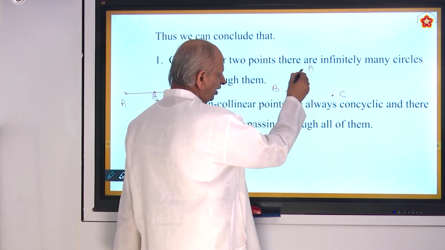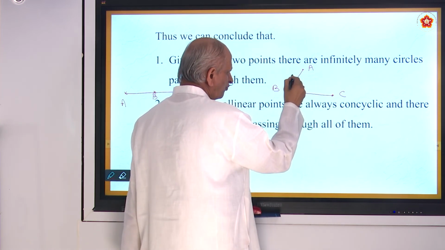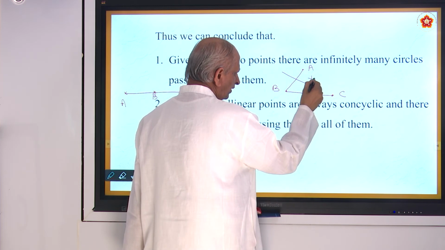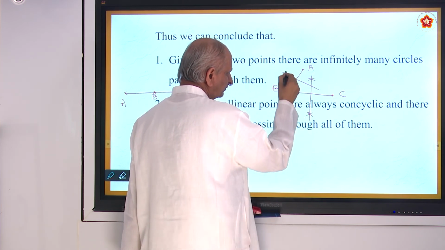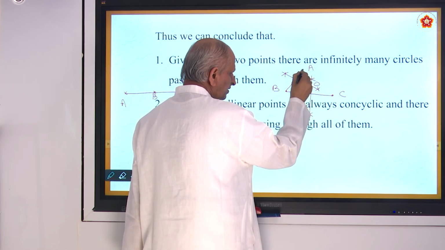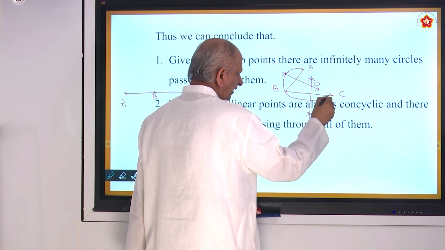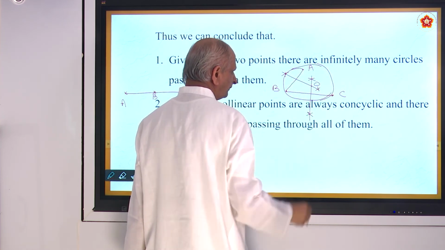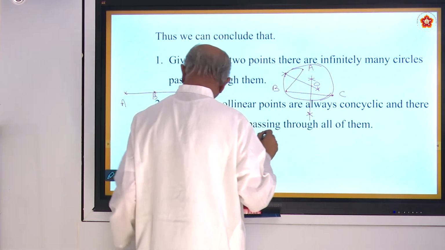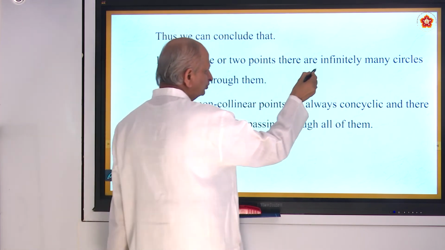How many circles can you draw here? You must draw what are called perpendicular bisectors. And you will have a center here and a circle should pass through them. I am drawing a rough figure and only one circle can be drawn to pass through this.